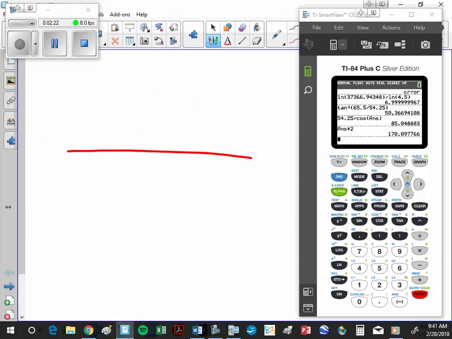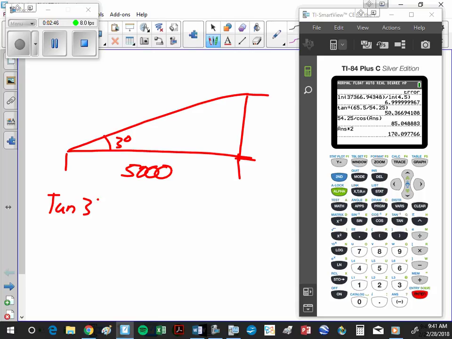So we have this 3 degrees, and we know that the airplane is 5,000 feet from the runway, and we want to know how high does the airplane need to be when it's 5,000 feet away. Well, what trig function would I use? Tangent. So the tangent of 3 degrees is equal to opposite over 5,000.